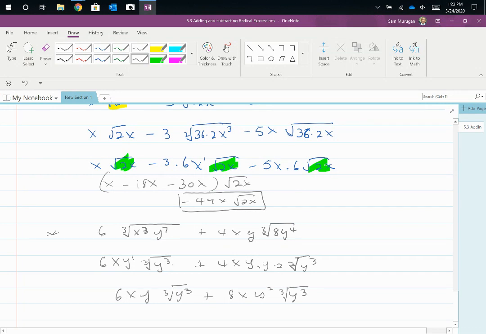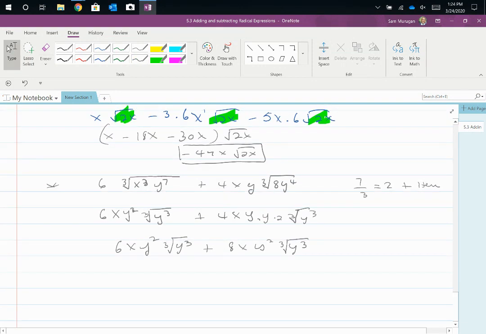So 3 into 7 is, I'm sorry, this is not 3 into 7 is 2 times plus 1 remainder. So this is y squared. I was wondering why this didn't come out. So now we can go ahead and add and get 8 and 6, 14xy squared cube root of y cubed.